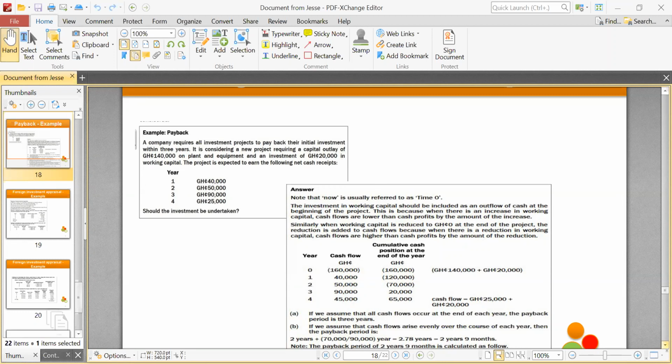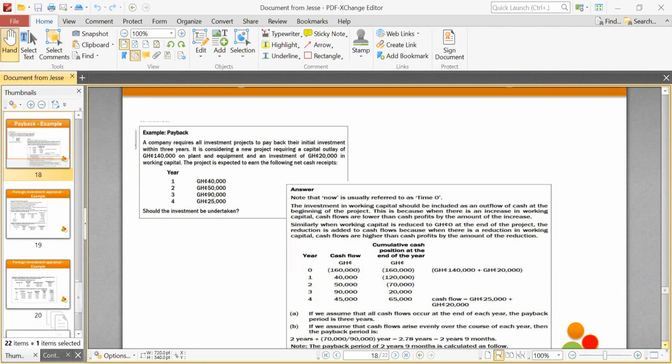So let me just read what is there. It says, the investment in working capital should be included as an outflow of cash at the beginning of the project. That one we all agree. This is because when there is an increase in working capital, cash flows are lower than cash profits by the amount of the increase.